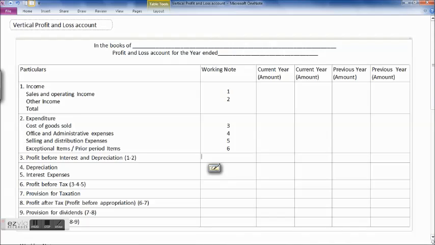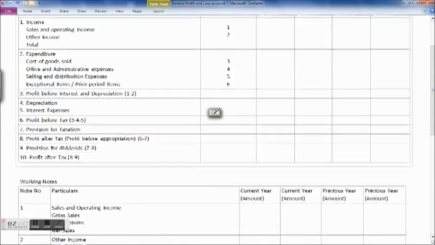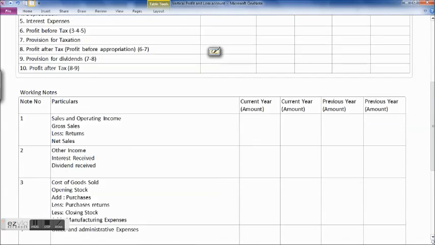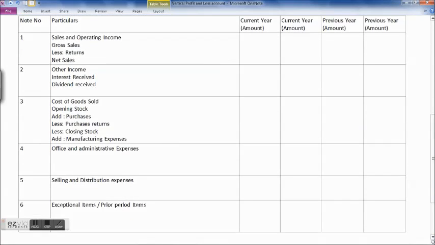Or if there is a loss on sale of some office furniture, it can be included in office and administrative expenses. It depends on how you want to present it. There are different views on the same, so accordingly you need to present such expenses.